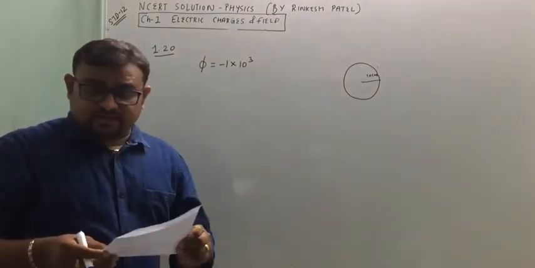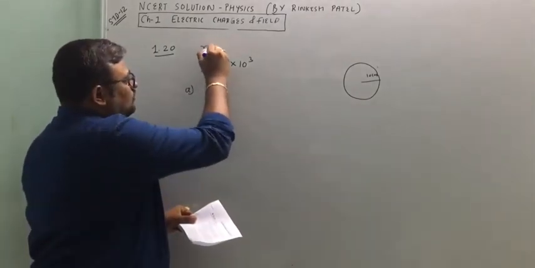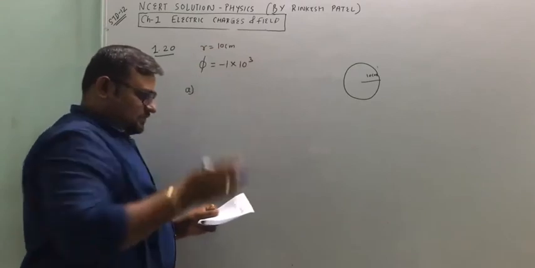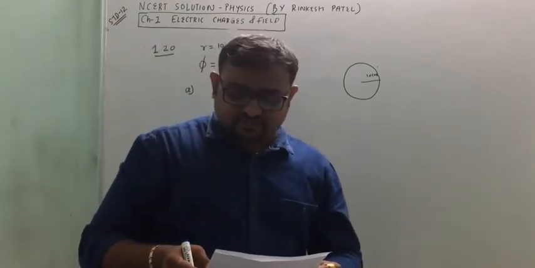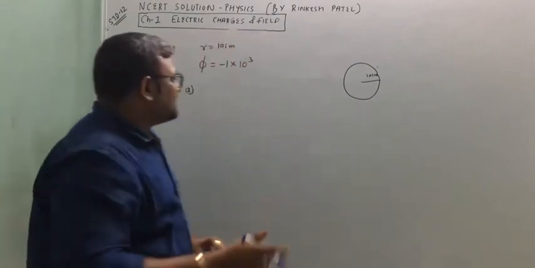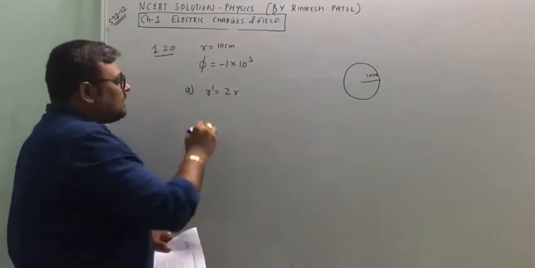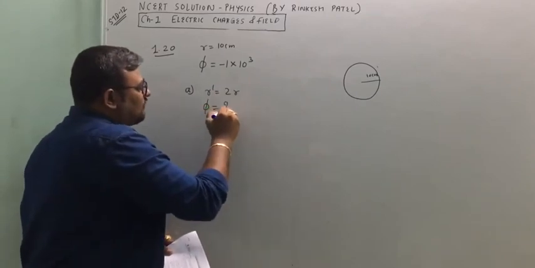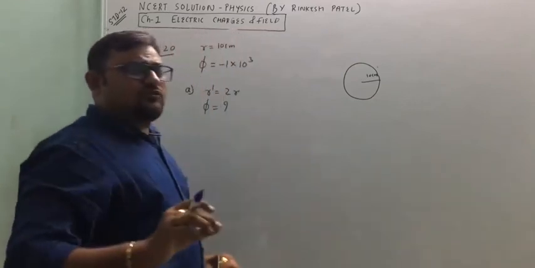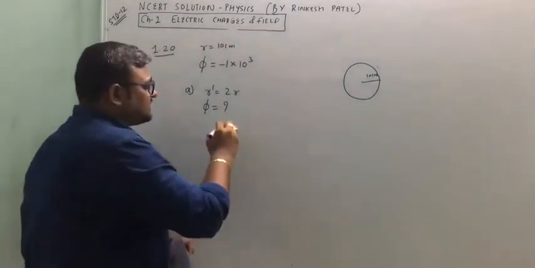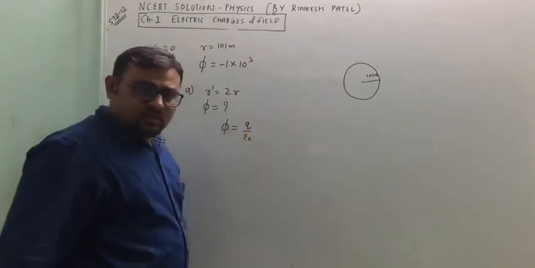Now again there are two parts. A, here R is equal to 10 centimeter. If the radius of Gaussian surface were double, means now R dash is equal to 2R, then what will be the value of flux? We know that the formula for flux of any closed surface is equal to Q by epsilon 0.